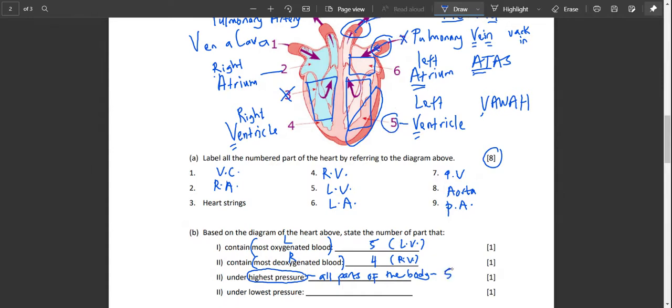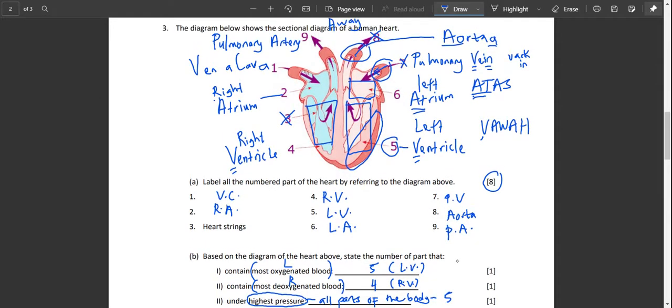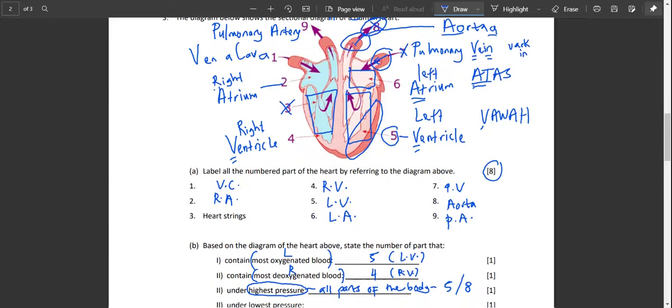That is where the blood is being pushed. And it must also be number 8, because that is the one where the blood is the smallest amount and being pushed strongly. Therefore, 5 and 8 are the two possible answers for that one.